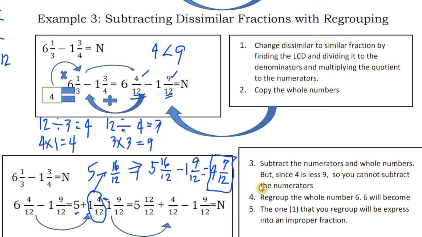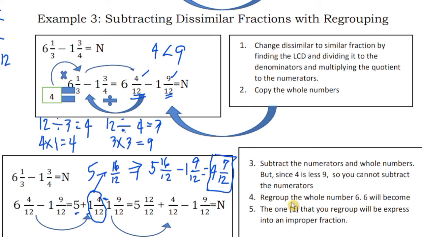Then subtract the numerators and whole numbers, but since 4 is less than 9, you cannot subtract further the numerators even though we have the same denominator already.